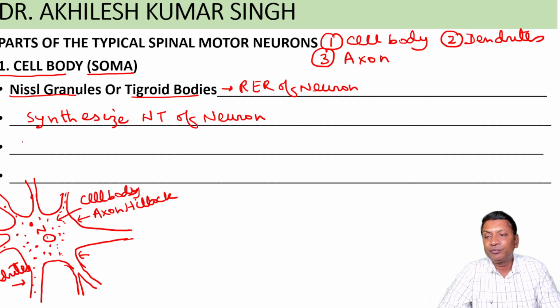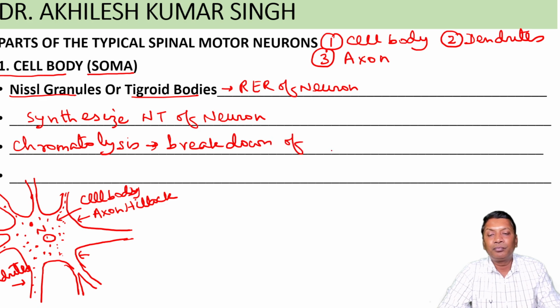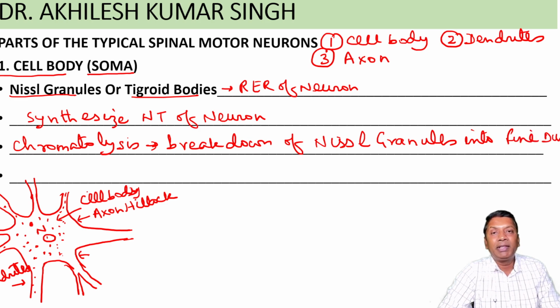So let us write this. What is meant by chromatolysis? Chromatolysis means the breakdown of Nissl granules into fine dust. This occurs when the neuron is in stress, or there is nerve or neuron injury.